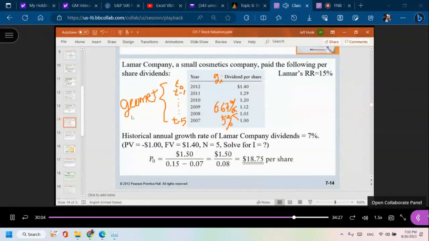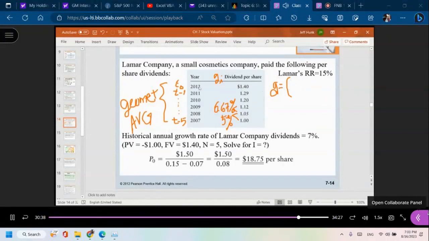I'm not going to write anymore, but you understand the geometric average, right? Do you remember how to do it? This is basically solving the single cash flow model for R. It's future value over present value raised to 1 over n.